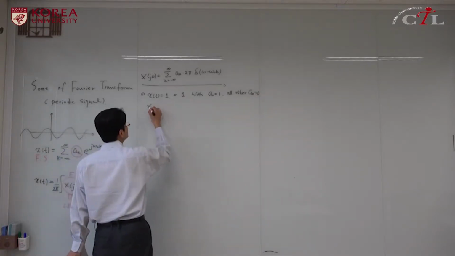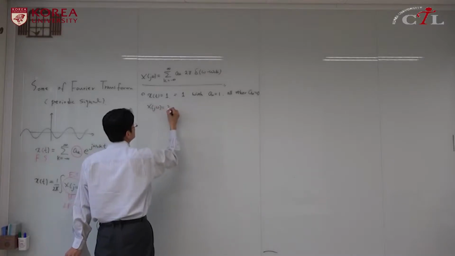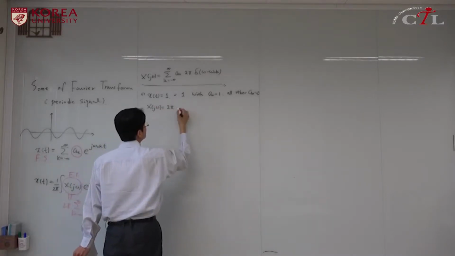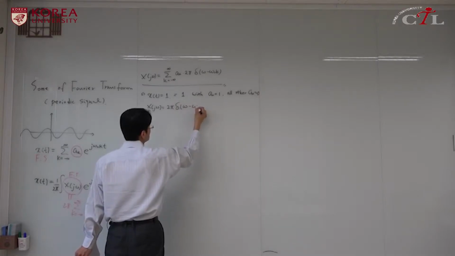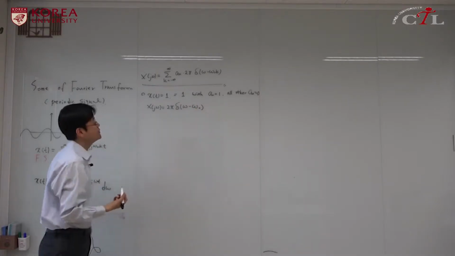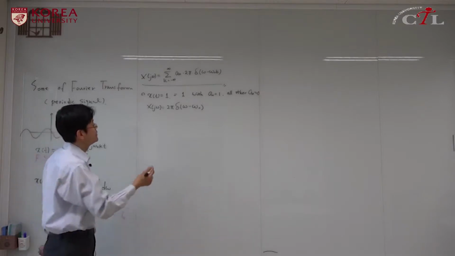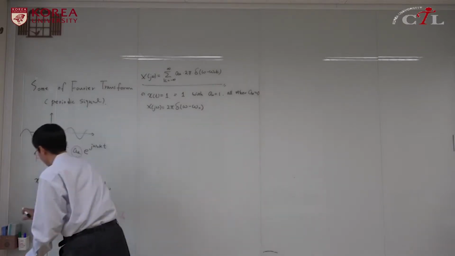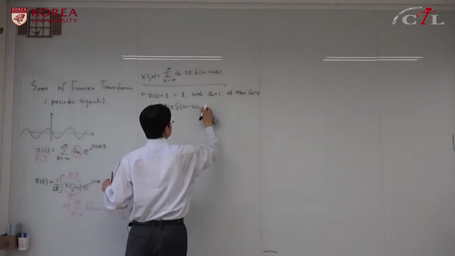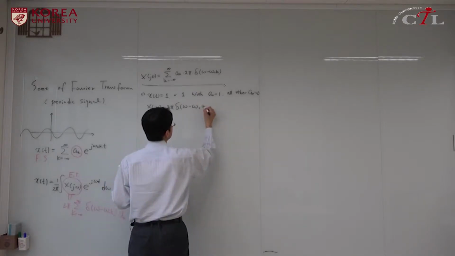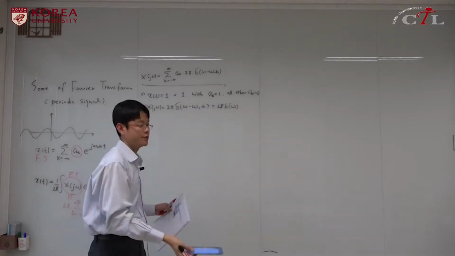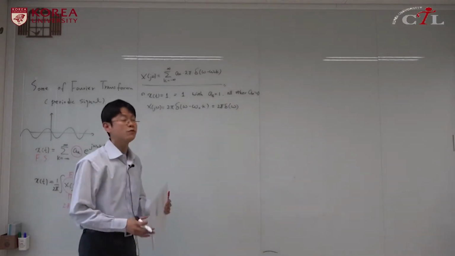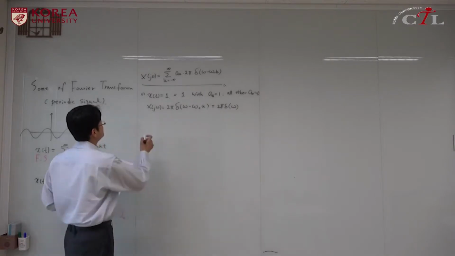So, its Fourier transform is simply 2 pi times 1 times delta(omega minus omega_0 k) with k equal to 0. So 2 pi delta(omega). This is Fourier transform for this simple constant.